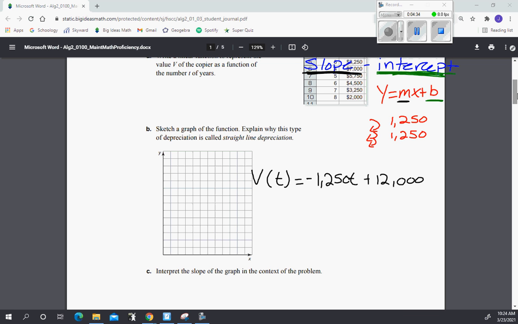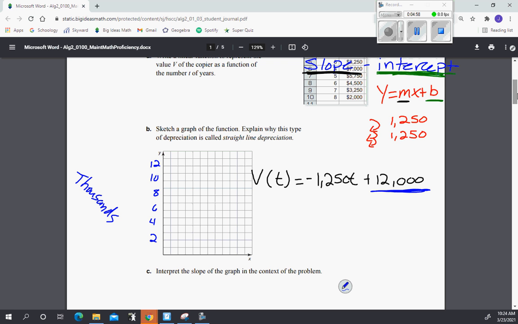Okay. Sketch a graph of the function. Well, this is where I'm saying we have an intercept, right? Y-intercept, $12,000. So these are all going to be in thousands. I'm just going to write that. Okay. Each one is going to go up once. So there's 2, 3, 4, 5, 6, 7, 8, 9, 10, 11, 12.